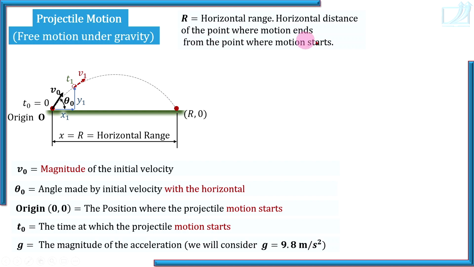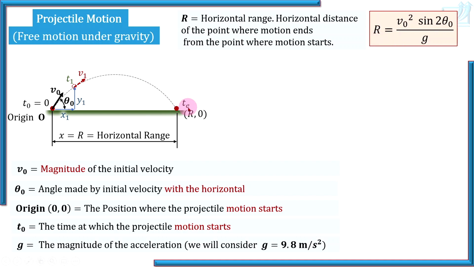It is the horizontal distance of the point where motion ends from the point where motion starts. And this range is given by this formula: v0 squared sine 2 theta 0 divided by g. Remember the formula. We'll derive this formula in some other lectures, but most important is how to use the formula.